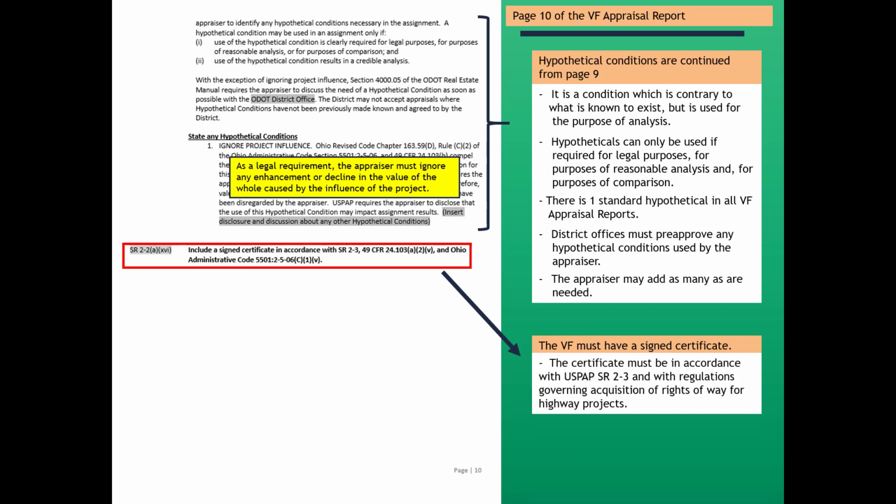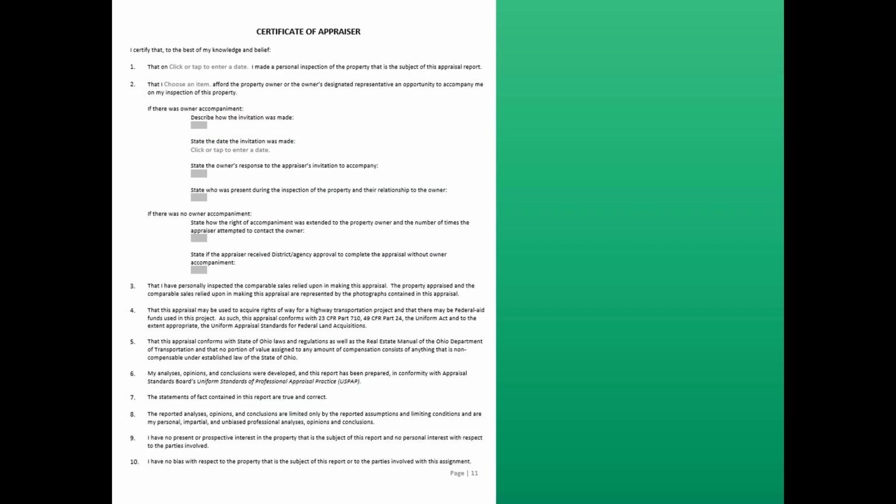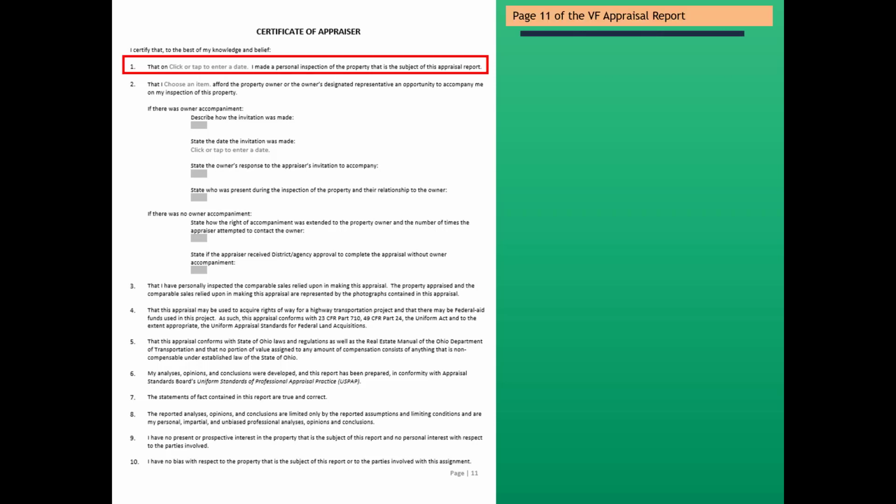The certificate must be in accordance with USPAP Standards Rule 2-3 and the regulations governing the acquisition of rights-of-way for highway projects. So here is that certificate that ODOT has created for value finding appraisal reports. Number one, the date that the appraiser inspected the property.